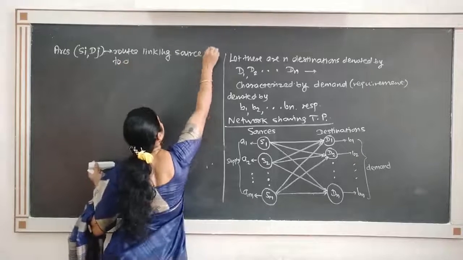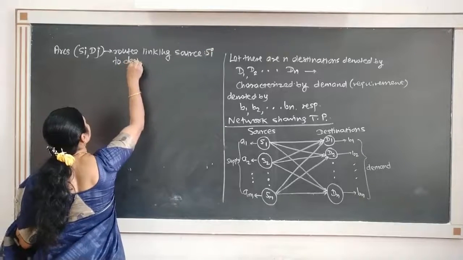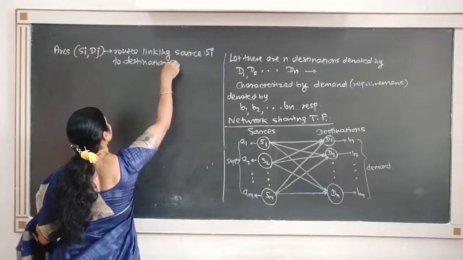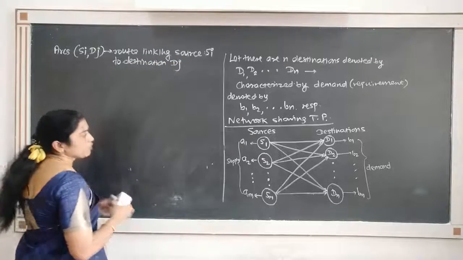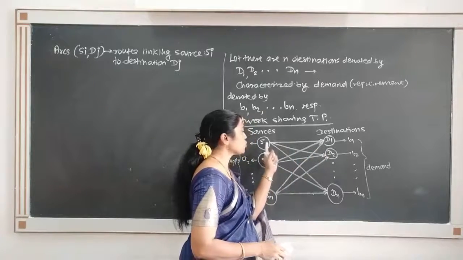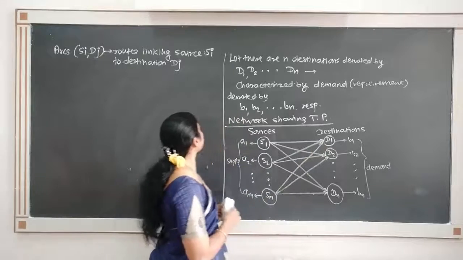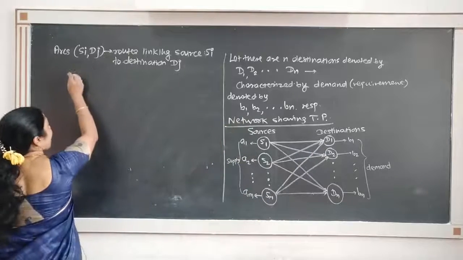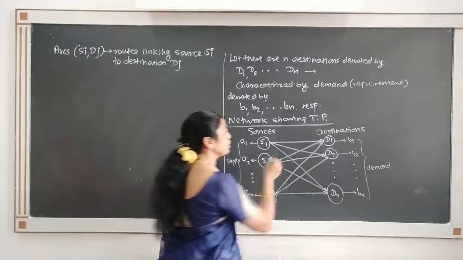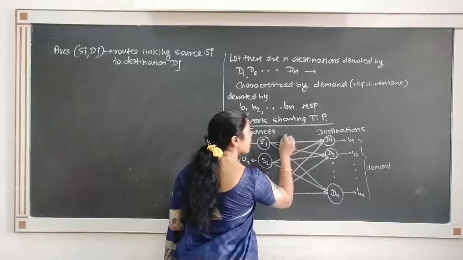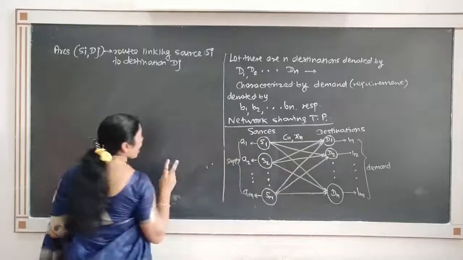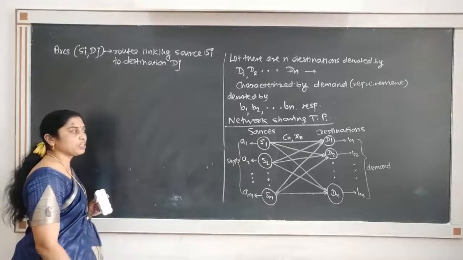This is source Si to destination Dj. So if you say S1 D1, it links the source S1 to D1, etc. These arcs, every arc carries two pieces of information. For example, this arc carries C11, X11.